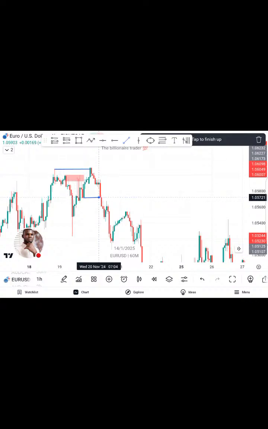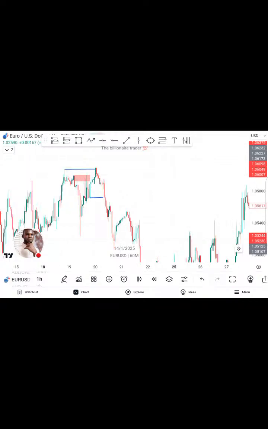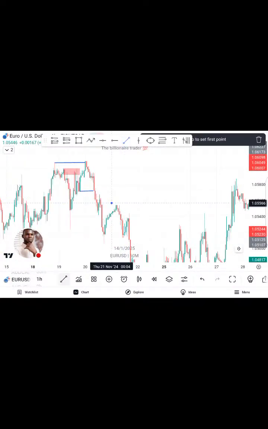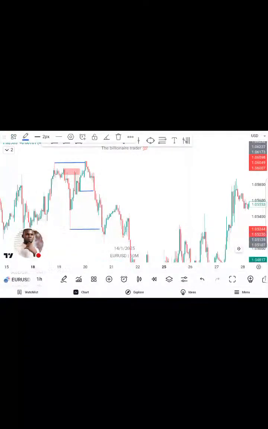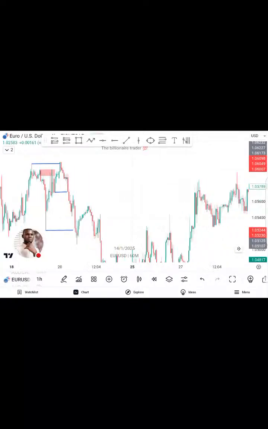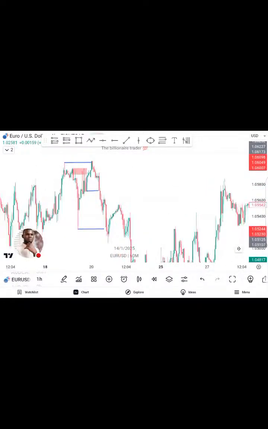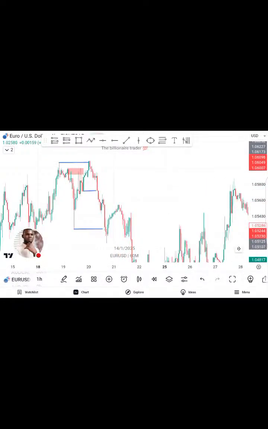was taken out. But price did not come back for mitigation before breaking the low. So the supply zone created as a result of that mitigation, we can actually trace it out. It's around this area.